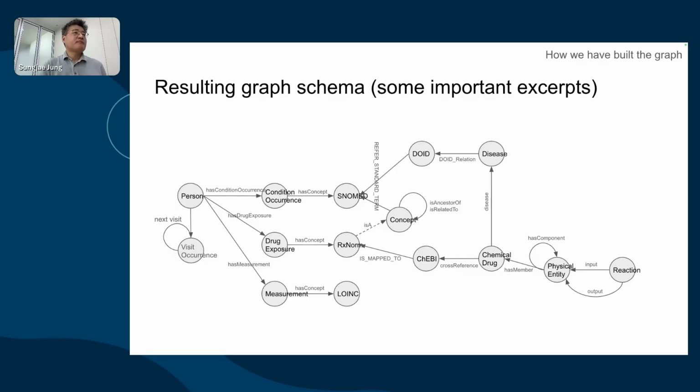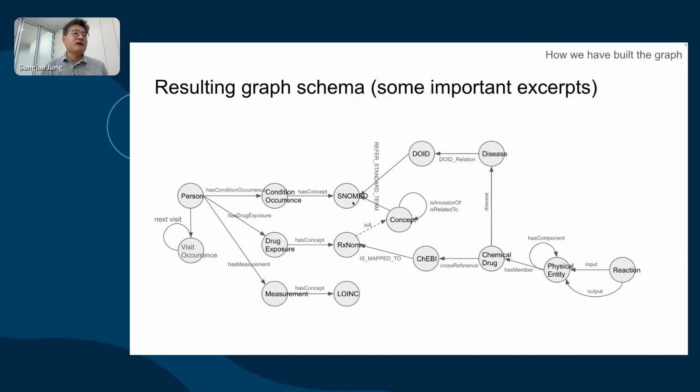This is the resulting graph schema. This side is from CDM, clinical observations. A person visits the hospital, and the encounter event is recorded in visit occurrence, and the patient is diagnosed with some disease.